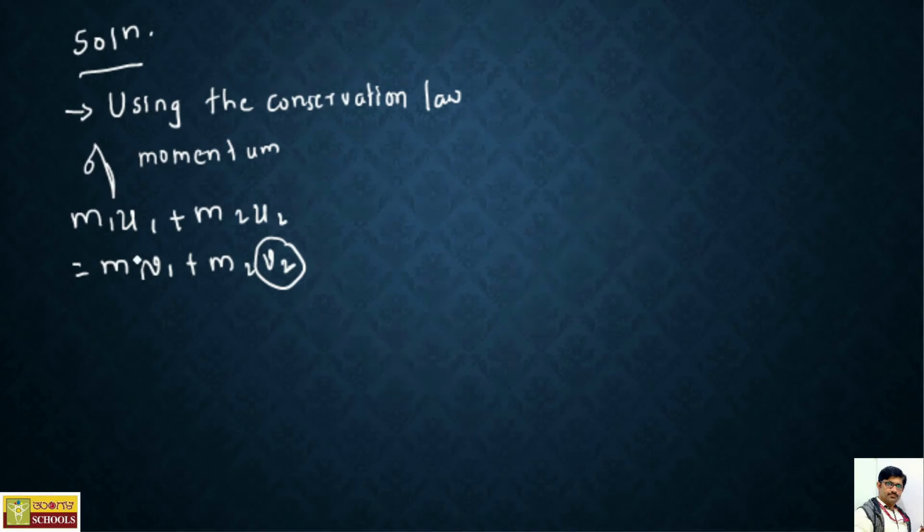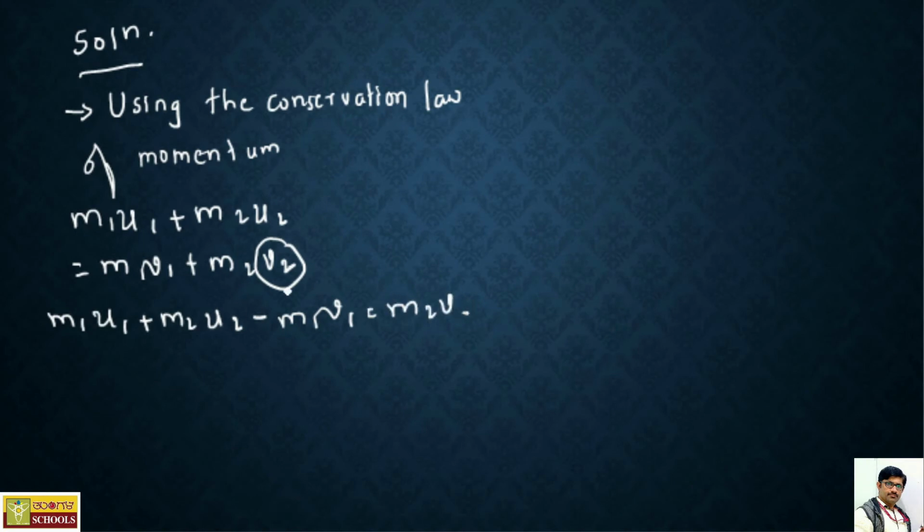So what you have to do, sending this m1 v1 to the left hand side, by that I can write m1 u1 plus m2 u2 minus m1 v1, which is equal to m2 v2. So only I sent this m1 v1 to the left hand side, by that I can write it freely for v2.